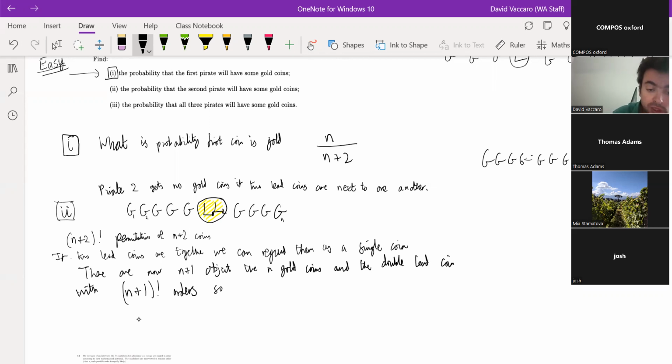So the lead coins could be in 2 orders. Therefore, there are 2 times n plus 1 factorial orders where the 2 lead coins are together.